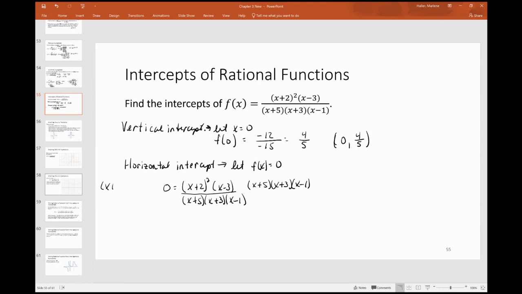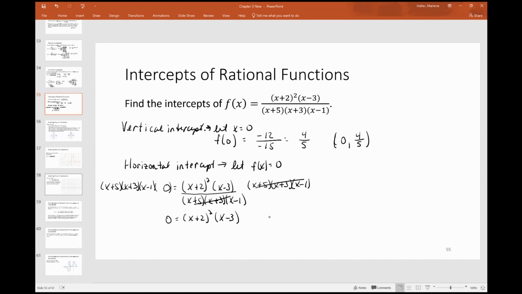Both sides, let's see, x plus 5 times x plus 3 times x minus 1. Look, they divide out, but 0 times all of that is still just 0. So all we ever care about is the numerator and setting that numerator equal to 0 and solving. All right, this one is factored, so we can use the zero product principle, which makes it easier.